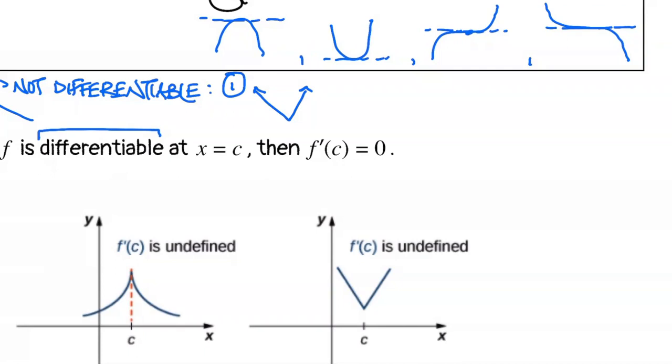Where is the one point on this graph where you cannot find one slope? It turns out that's actually going to be at the vertex. The reason why is, if I said, here's the point, and I want you to draw a tangent line to it, someone might draw a tangent line like this. Someone else might draw a tangent line like this. Someone else might draw a tangent line that looks like this.